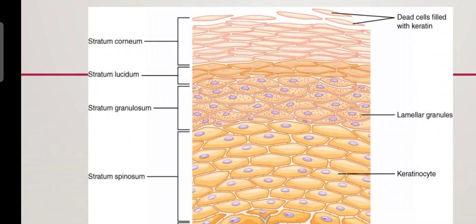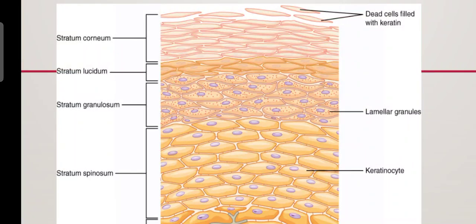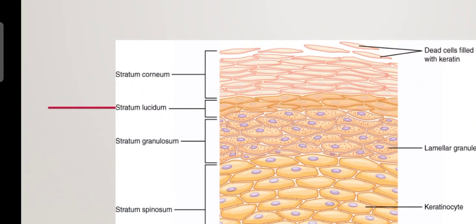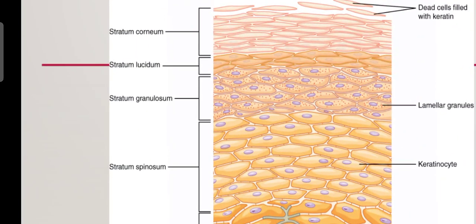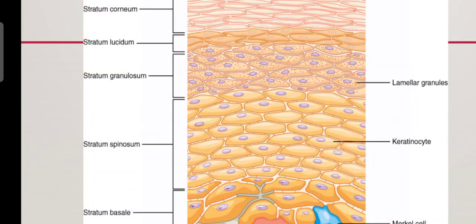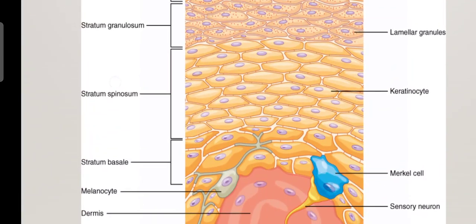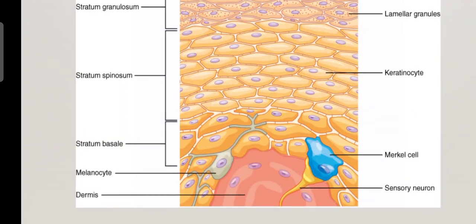The uppermost cells of the stratum corneum are dead cells filled with keratin. Then comes stratum granulosum, then stratum spinosum, and this is stratum basale. These are some of the other cells present in the epithelium of skin. This is the epithelium of skin.